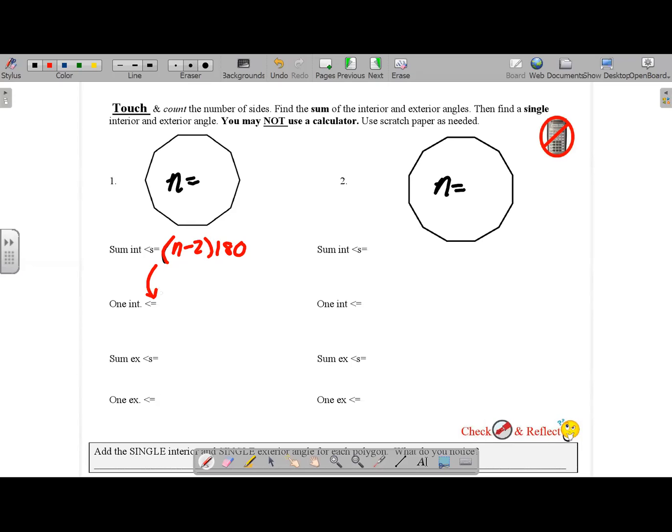A single interior angle is whatever that sum is over the number of sides. The sum of the exterior angles you should know. So one exterior angle, you take that sum and you divide by the number of sides. There you go. That's what you're doing for both of these.